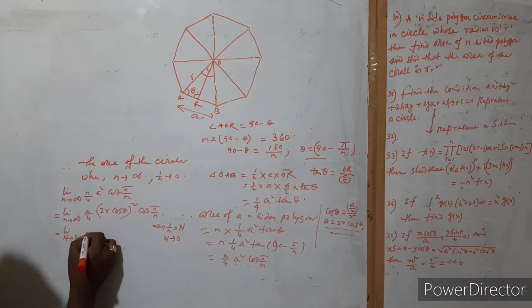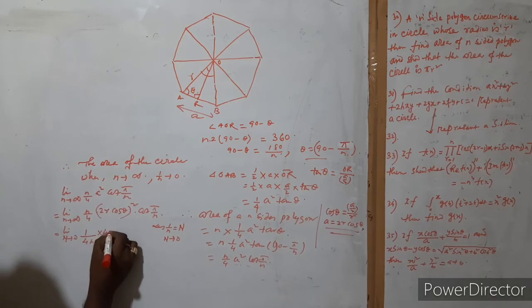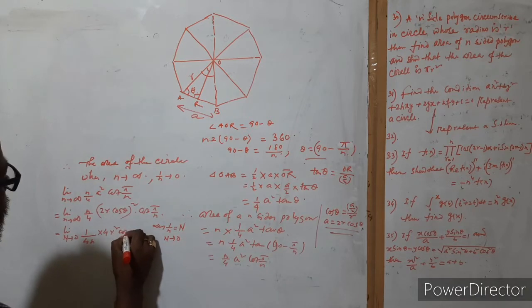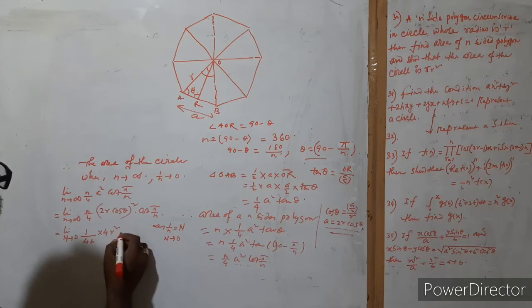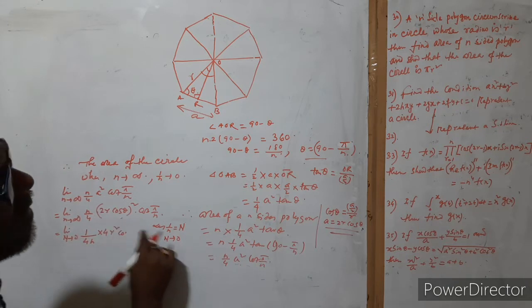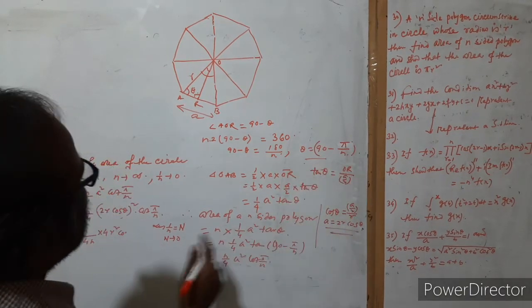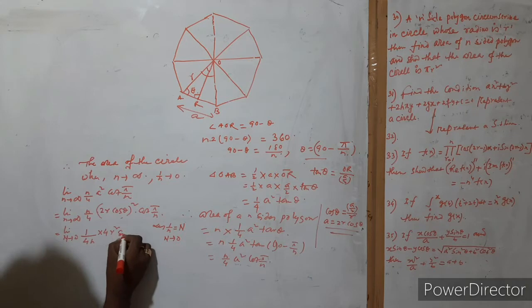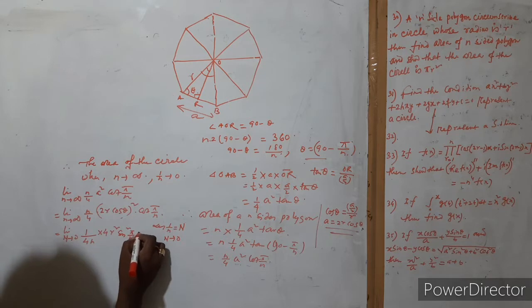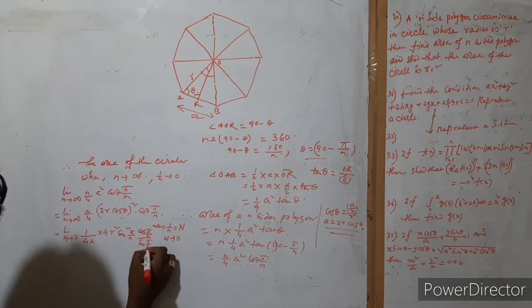So this is 1 by 4N, and this is 4 r square, and cos square theta, where theta is 90 minus pi by n, so this is sine square pi by n, and cot pi by n gives cos pi by n over sine pi by n.